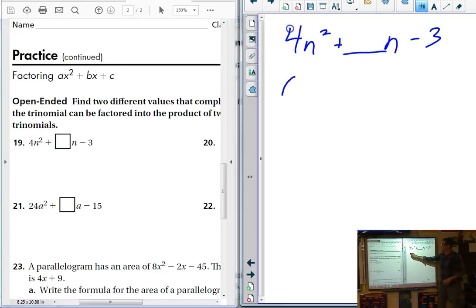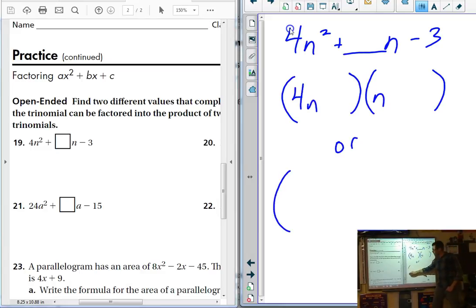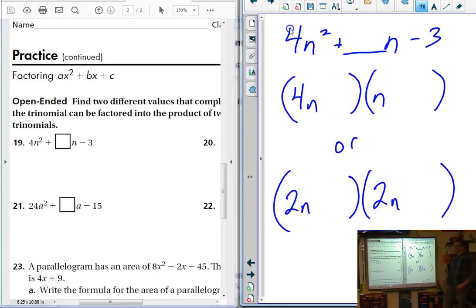When I set up my binomial times my binomial, I can have either 4n and n, or 2n and 2n. Sometimes it's good to write out both options and play with it until you figure out which one works, because process of elimination is fairly useful.